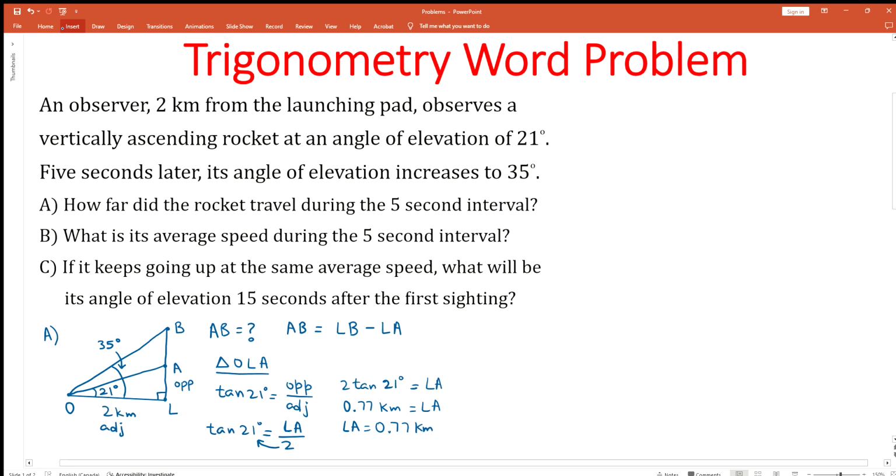Next, we should analyze triangle OLB to find the measure of side LB. We know the measure of angle O in this triangle. We want to find the length of side LB, which is the opposite side. We are given the length of side OL, which is the adjacent side. So we can use tan ratio.